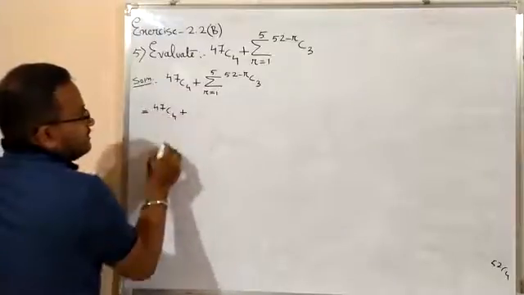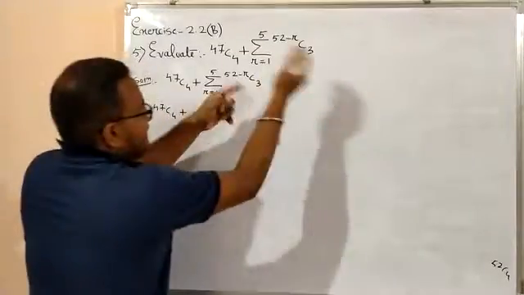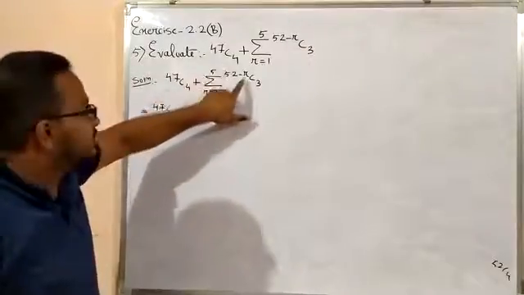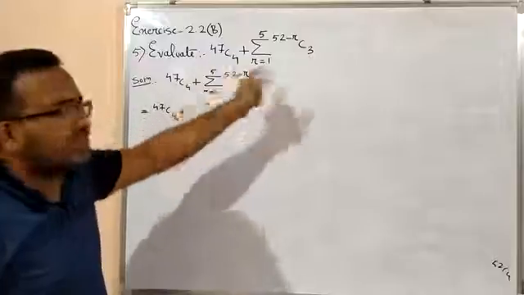Now it is 47c4 plus, now you can split it by putting the value of r from 1 to 5. You just put the value r equals to 1, then plus r equals to 2, like this.